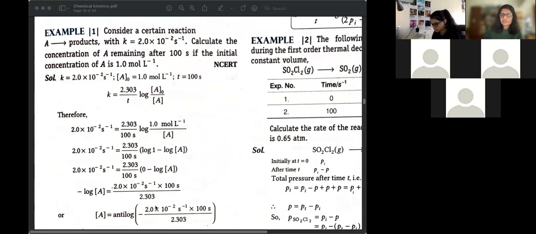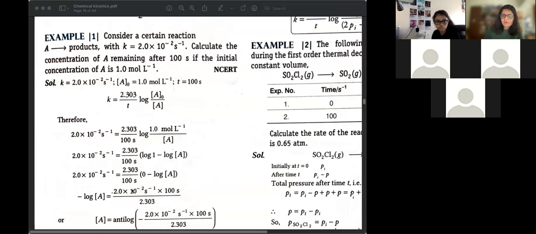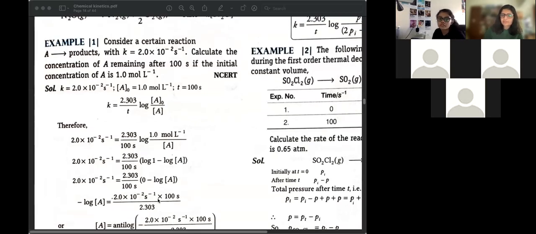Is this what you got? Your calculation? 2 into 10 power minus 2 into 100 divided by 2.303. Mitali, you are under mute.